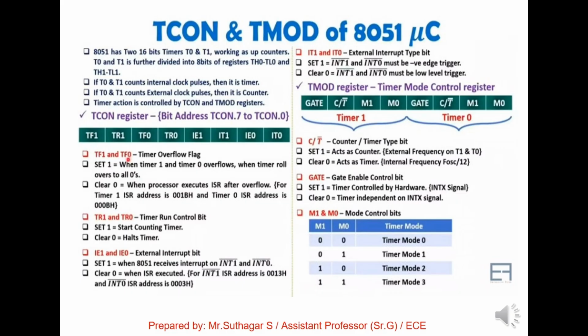IT1 and IT0 are the external interrupt type bits. It will be set to 1 when the INT1 or INT0 pin is negative edge triggered, and made 0 when INT1 or INT0 is low level triggered.